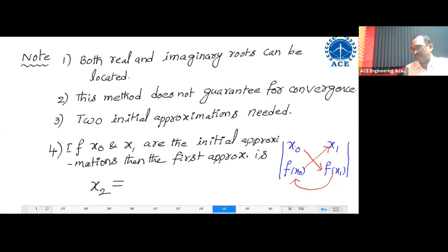What is the x2 value? x0, x1 here, f of x0, f of x1 here. For the x2 value, the numerator is these two products, that is x0 into f of x1 minus x1 into f of x0. The denominator is this minus this.